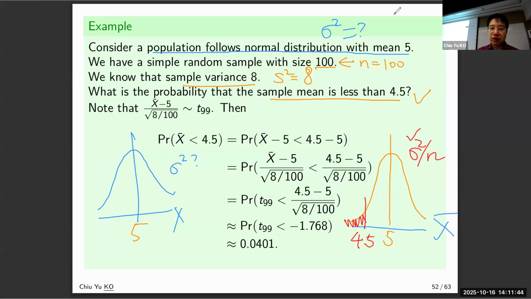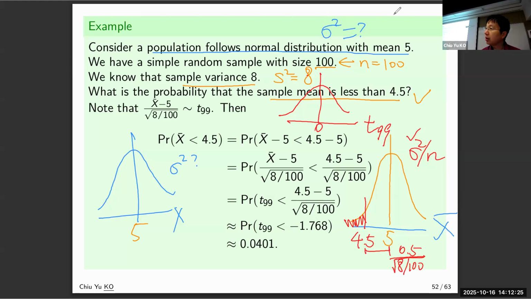But luckily, if we know the original is a bell curve, then this is going to be a t distribution with degrees of freedom 99, which is 100 minus 1. It's something like the bell curve as well. Still, the mean is 0. What's different is the standard deviation: it's 0.5 over the square root of 8 over 100.